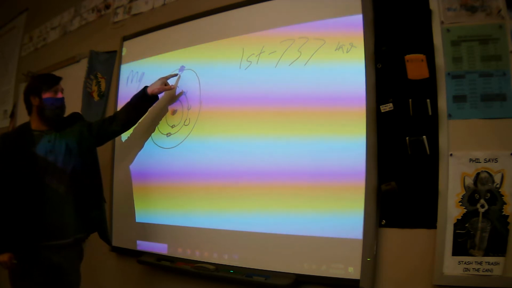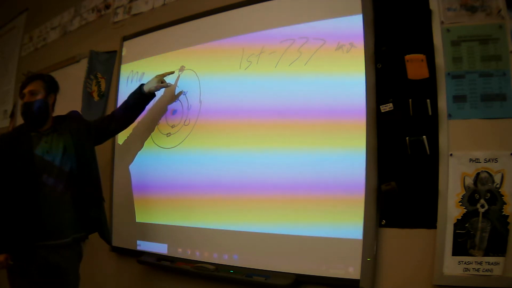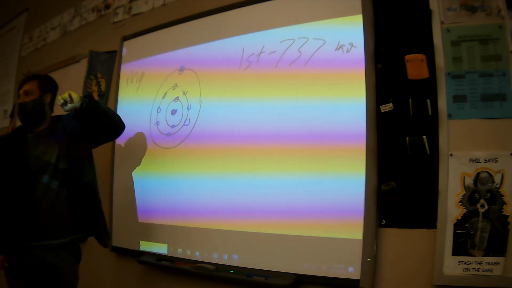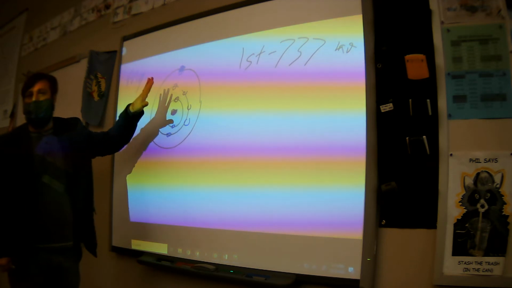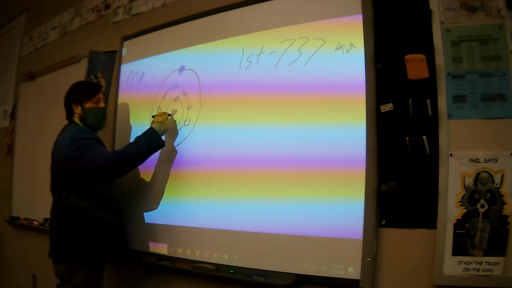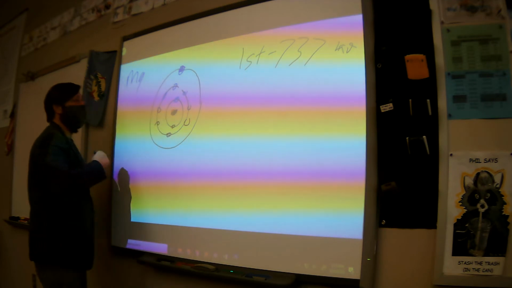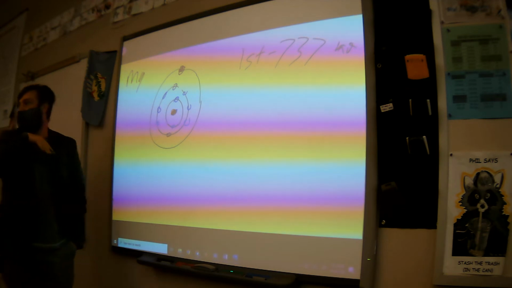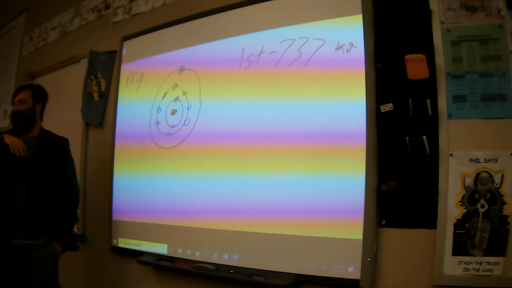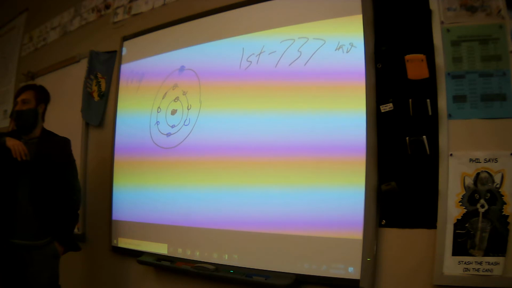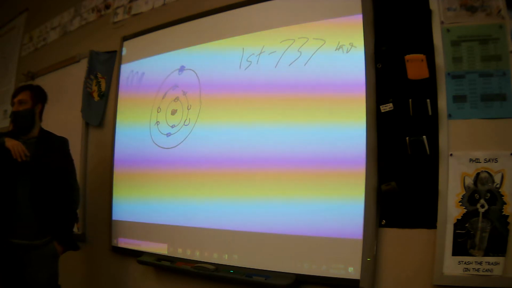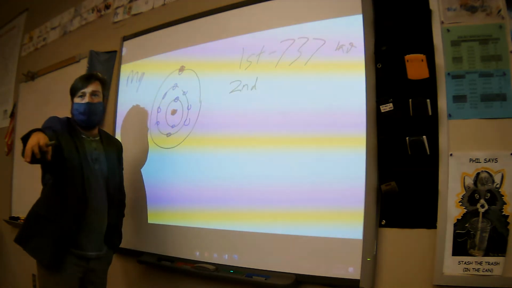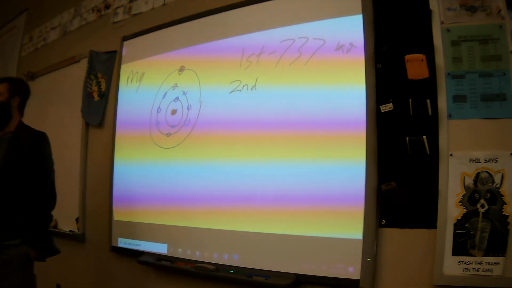How much is this one going to be? How much energy do you think it's going to take to steal this electron now? The second electron. Look at this scenario. How many protons are in the center for magnesium? 12. How many electrons do you have right now? 11. How big is that magnet compared to the electrons? A lot bigger, right? So, the second time I jump in and try and steal an electron, what's the energy going to be?